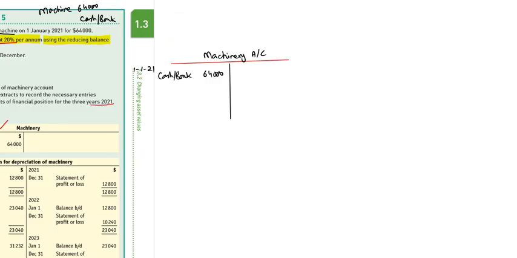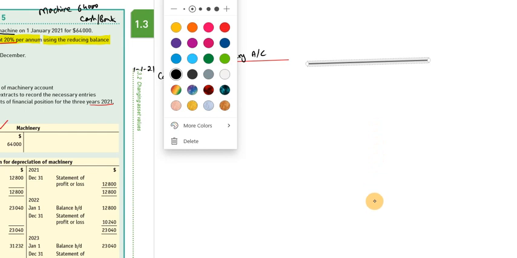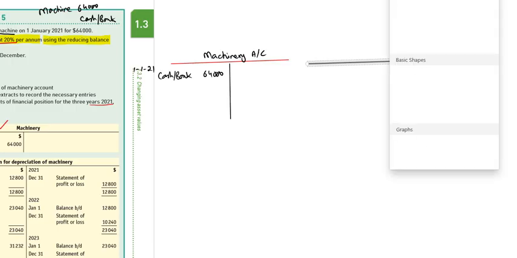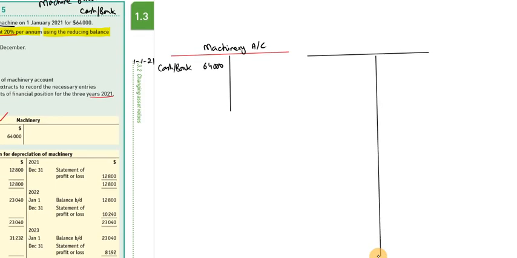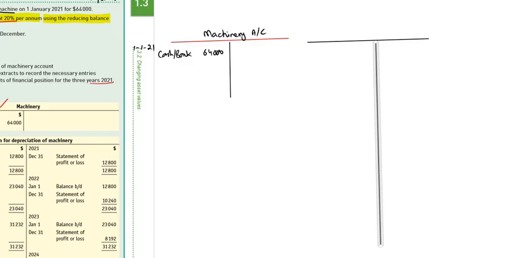So the next account will be the provision account, provision for depreciation account.